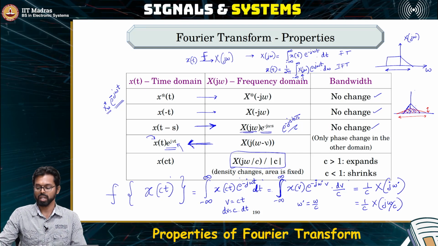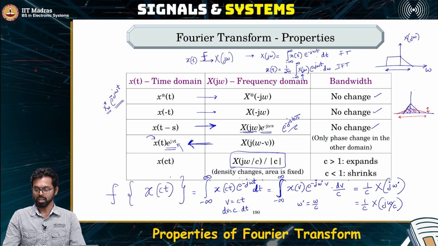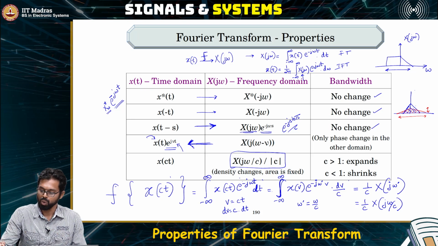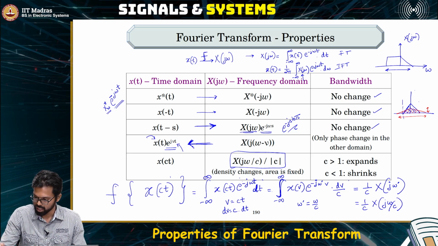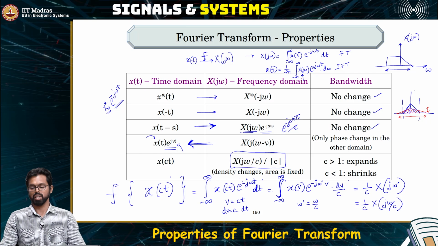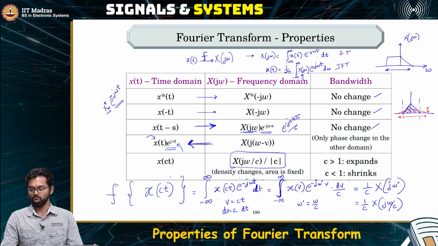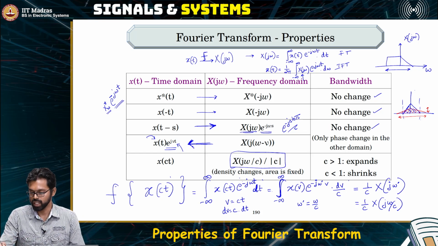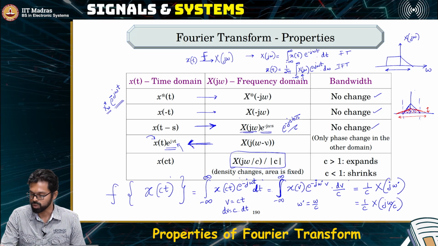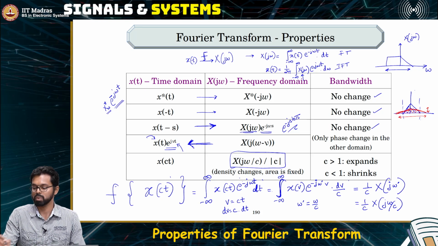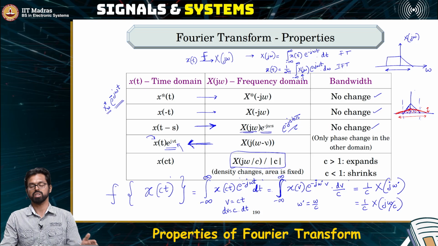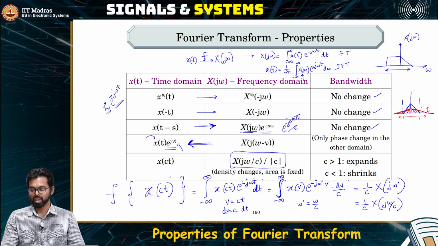Okay. So, the area does not change, but what changes is only the density, because the density earlier was present inside this interval. The entire frequency component was densely packed inside this interval, but now because of this time scaling, the density has been moved around or transformed to be present in a larger interval. So, the density has now changed, but the area is fixed.